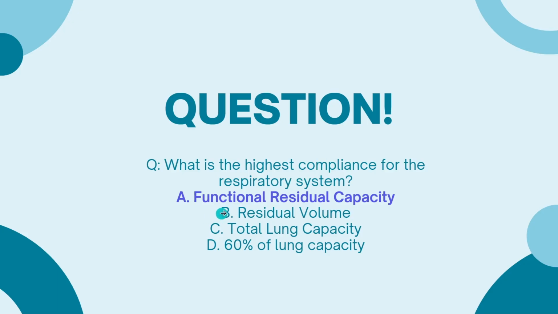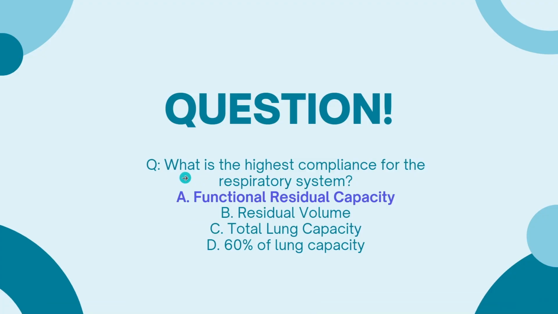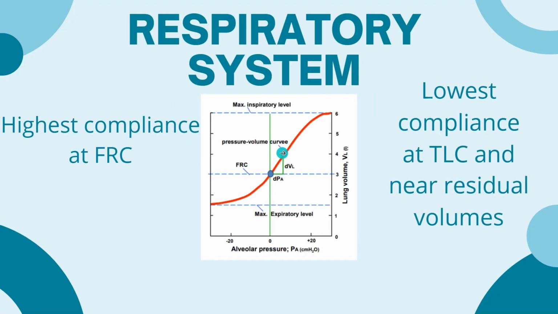It can't be either B nor C, due to the fact that C is too high up, total lung capacity. We don't usually breathe to that range, and residual volume is too low. But functional residual capacity, think of it as like a Goldilocks zone. That is usually the range that we breathe in.